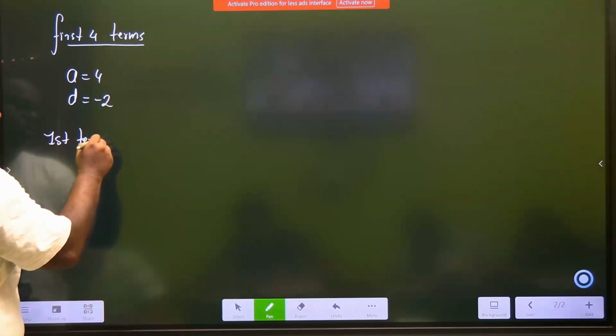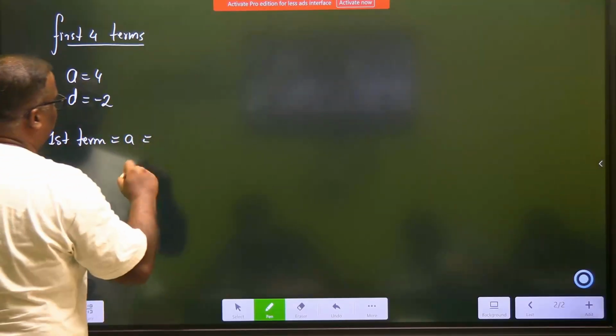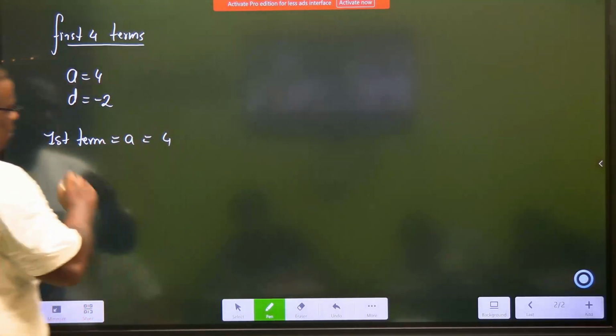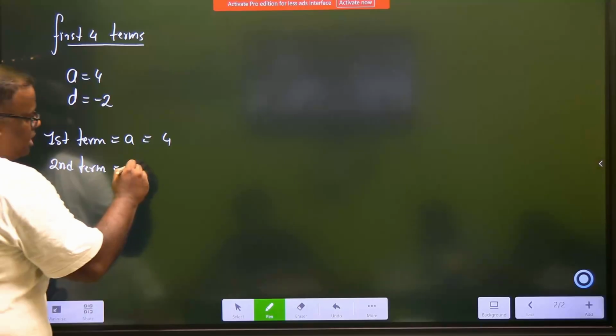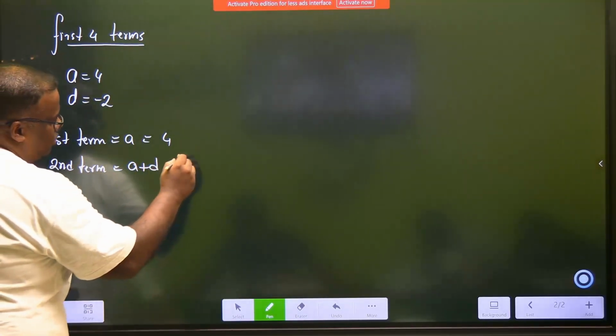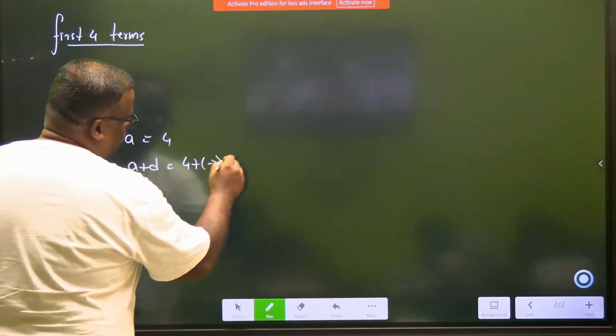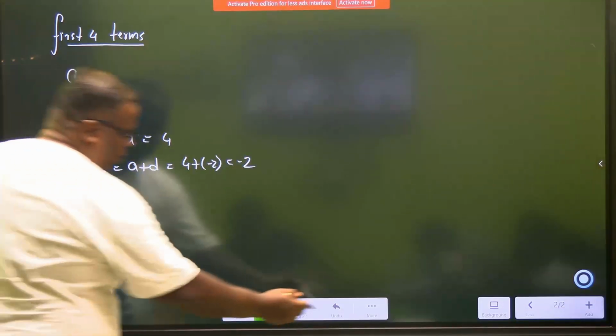So what is your first term? First term is equal to A, which is 4. What is your second term? Your second term is A plus D, which is 4 plus minus 2, which is 2.